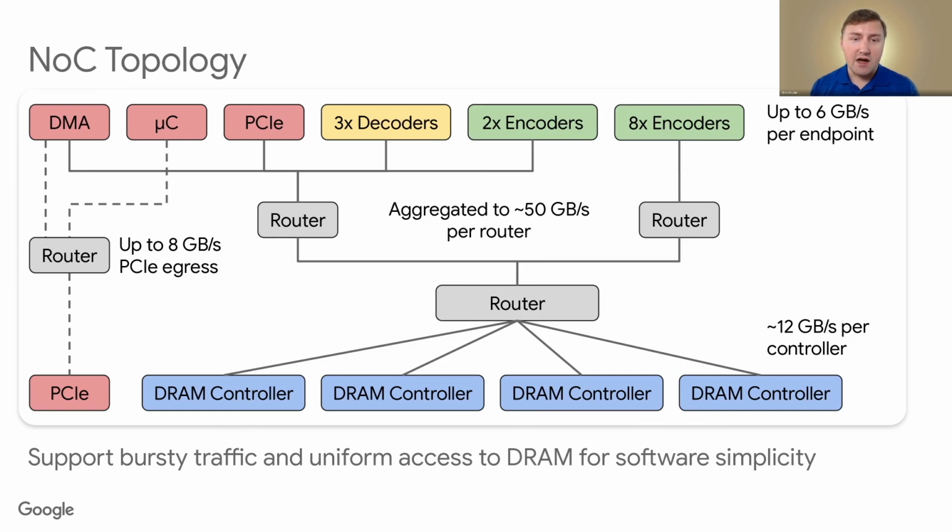As shown in the diagram, we aggregate groups of cores into a pair of routers that can individually saturate the roughly 50 gigabytes per second of DRAM bandwidth, which then feed into a single router that interleaves traffic across the 4 DRAM controllers. Looking back, this design was overkill, but it allowed us to lock in the design early and focus on other areas.